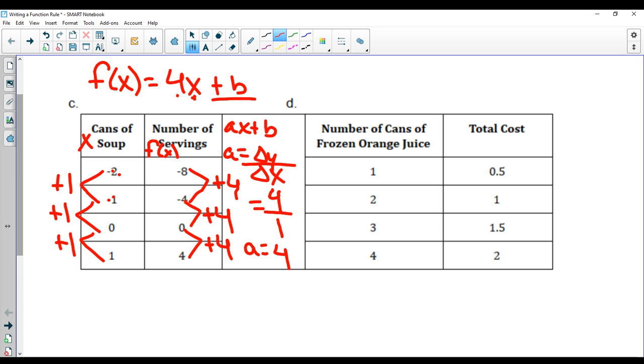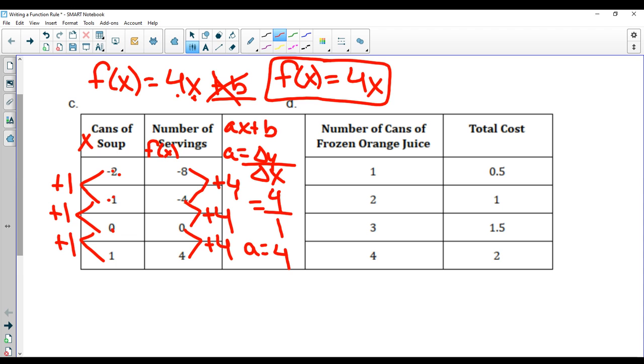And then 0. 0 times 4 is 0. 1 times 4 is 4. So I'm not having to add anything extra to get these numbers in the table. So I don't have a b. And so I say that f of x is just 4x. All right?